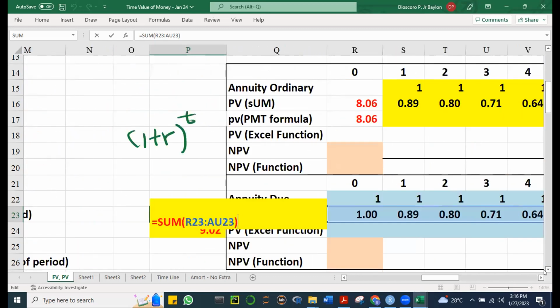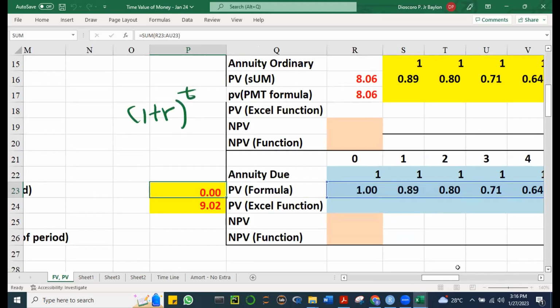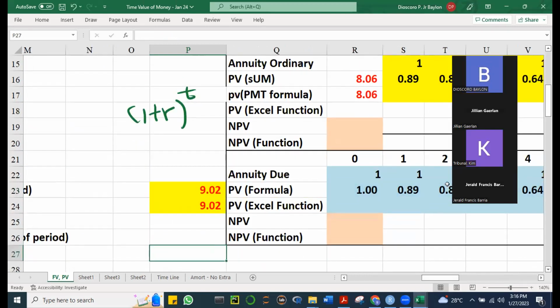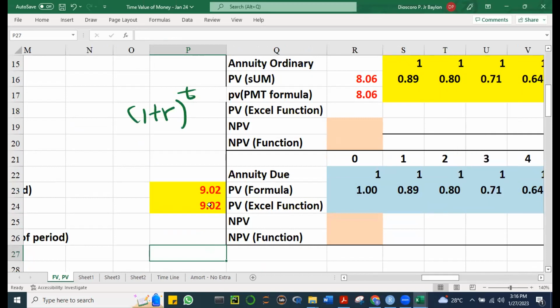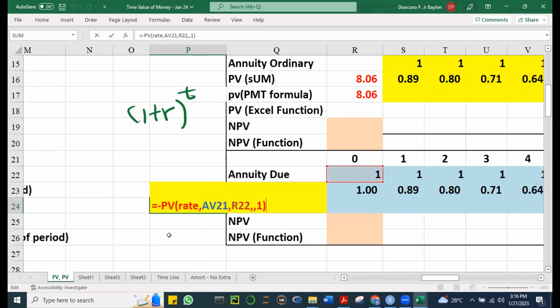Okay, all right. So for this one, we can make use of the direct formula. It's negative PV, and then rate. N per is 30 years. Then PMT. What's PMT? 1. We're using 1 because we know this is an annuity of 1.